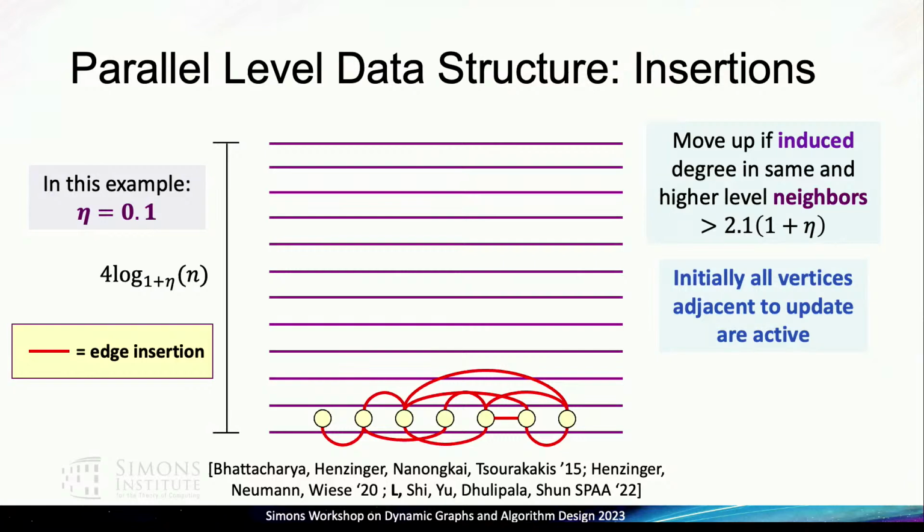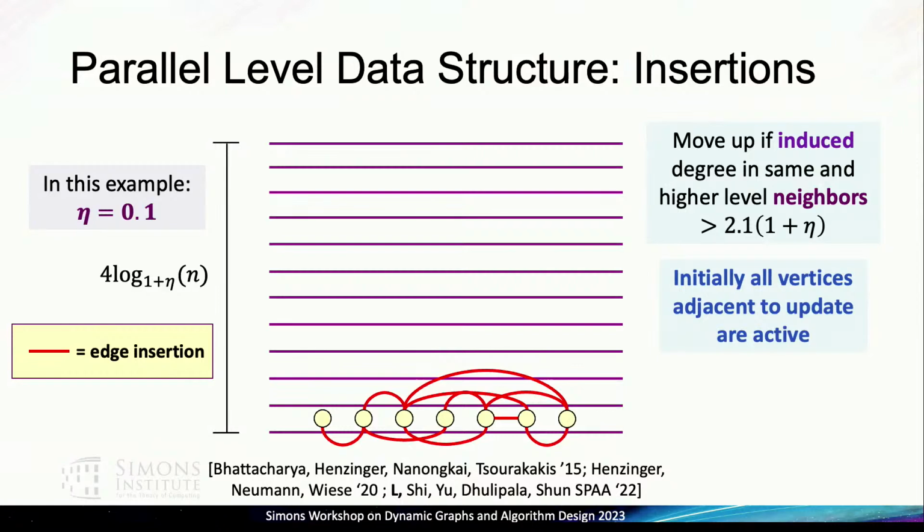The way that vertices are moved is that you assume that each vertex which is initially adjacent to an edge update is active, and you want to move the active vertices. I've shown an example here. For this example, you can assume all of the edges are inserted into the graph.